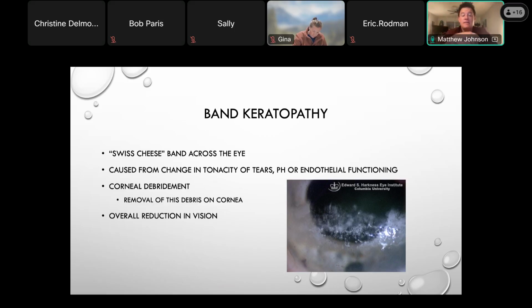We have to figure out why the tears are malfunctioning, since dry eye is rampant. What has caused something to go really haywire with the cornea? That's why you'll have to work with a corneal specialist. Generally, we see this more in immune compromised individuals, who have something else going on.